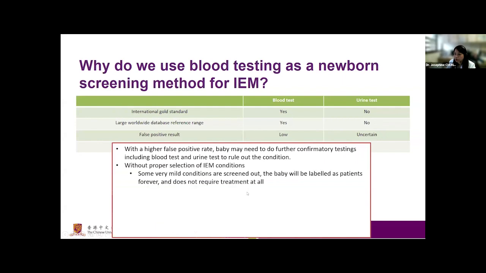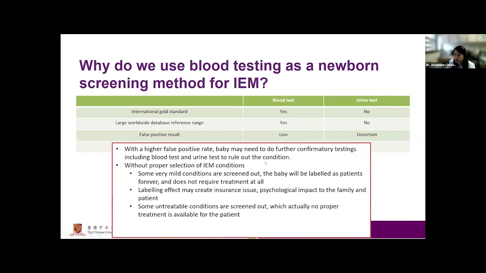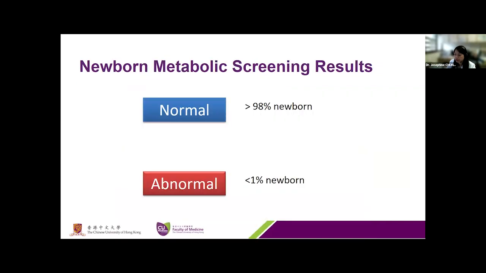With a high false positive rate, the baby may need more confirmatory testing, which is not necessary, and this may also increase labeling effects, insurance consequences, and psychological impact on the family. So this is important information to know before you counsel the patients.